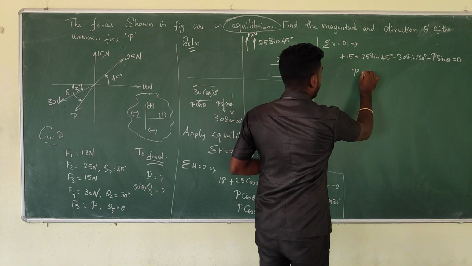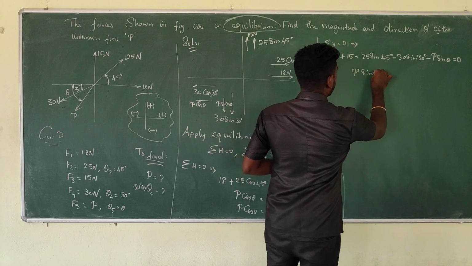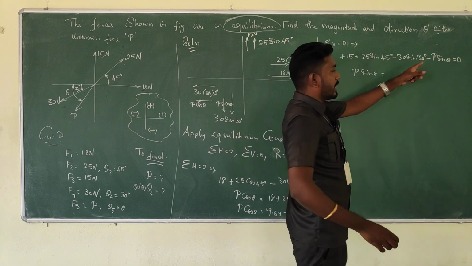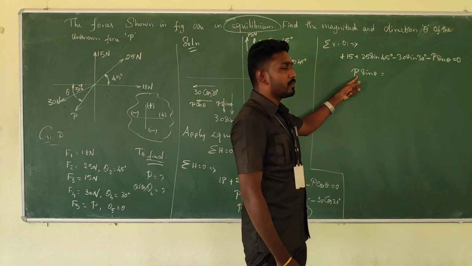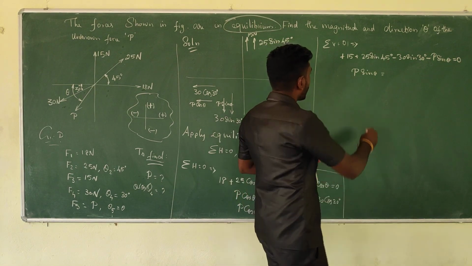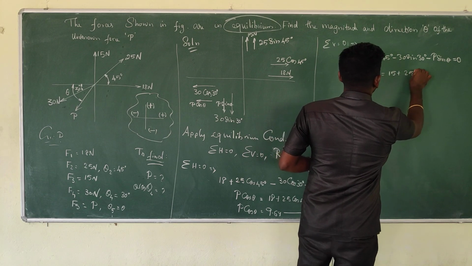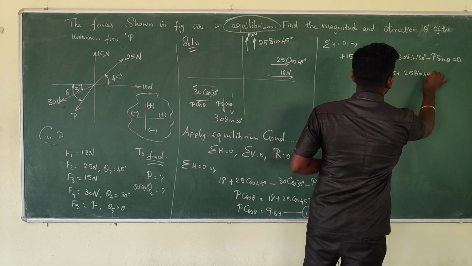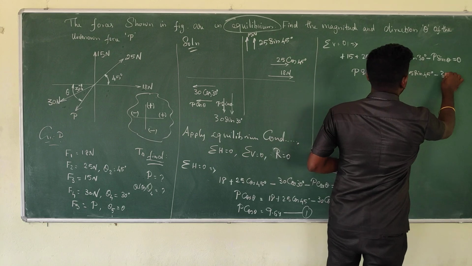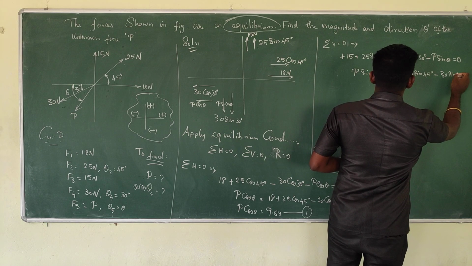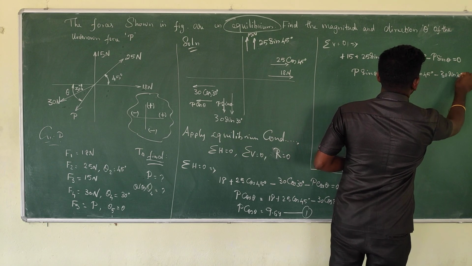Now try to solve it. I am going to take P sine theta to the other side. Here it is minus sign, so when you are moving it, it will be positive. So that you will get 15 plus 25 sine 45 degree minus 30 sine 30 degree.